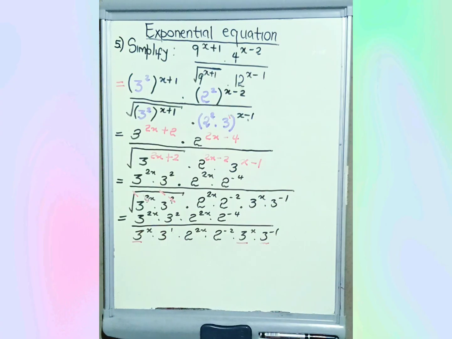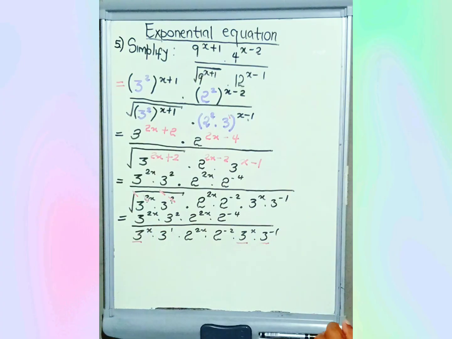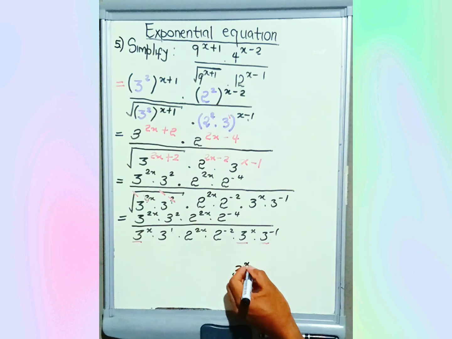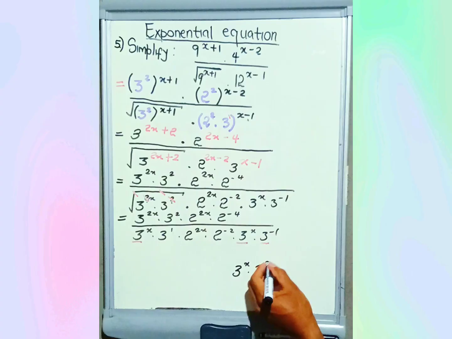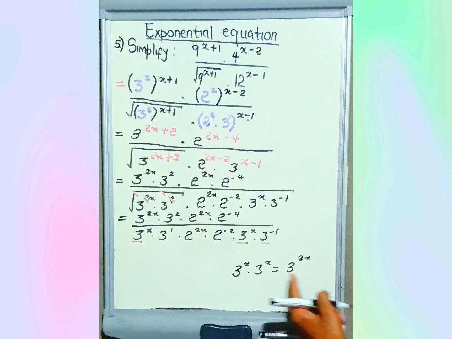Remember, if we are multiplying the same bases, you add the exponents. Here I'm going to have 3 raised to x times 3 raised to x. I take only one base and add the exponents, then it's going to be equal to 3 raised to 2x.